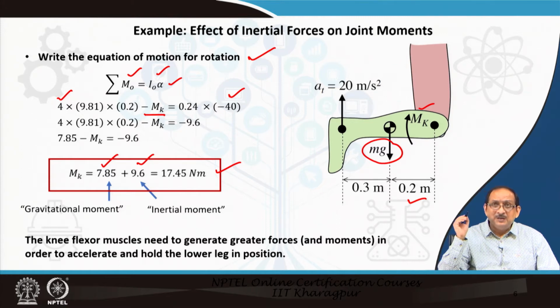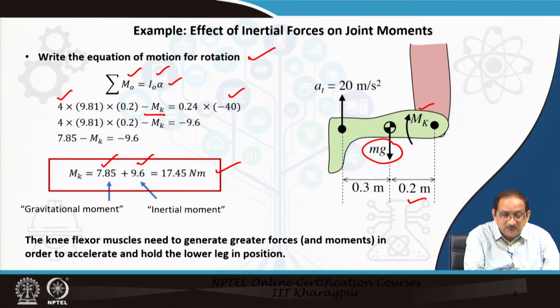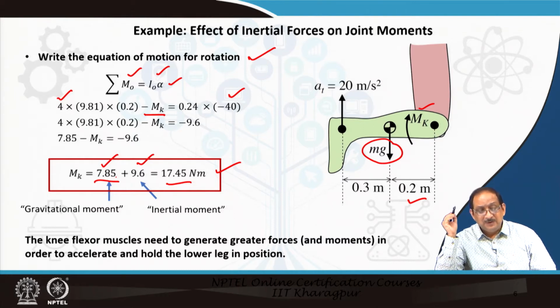The dynamic effect due to the inertial moment contributes in a major way to increase the moment to more than double the gravitational moment. So, 17.45 is more than double 7.85.